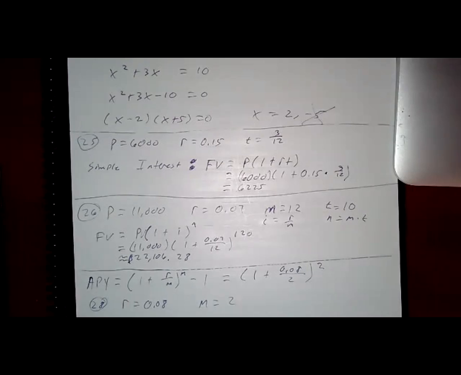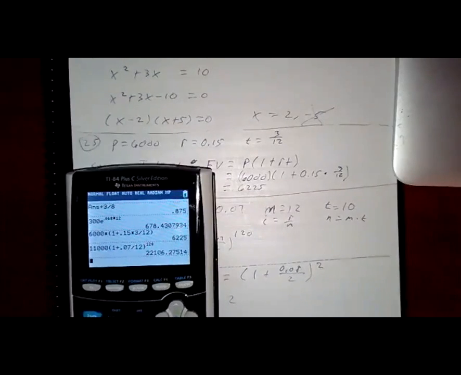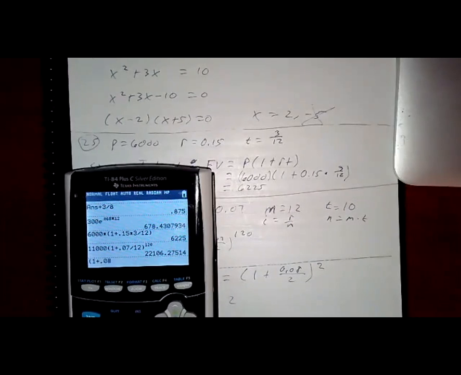Okay, let's get our calculator. Here we go. 1 plus 0.08 divided by 2 to the 2.